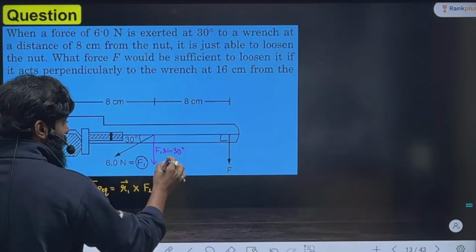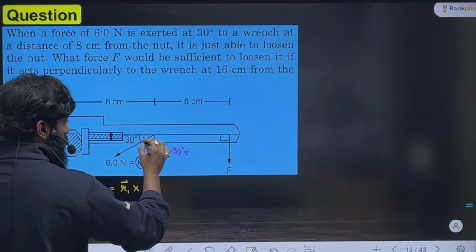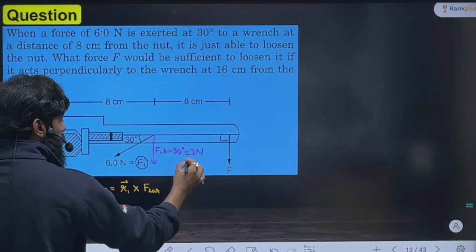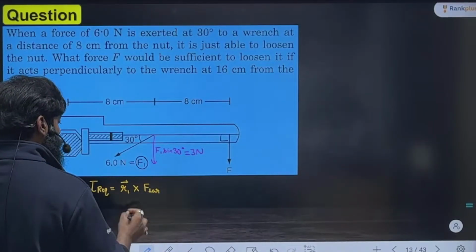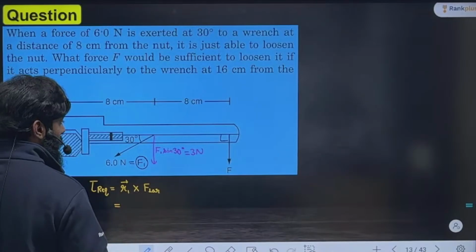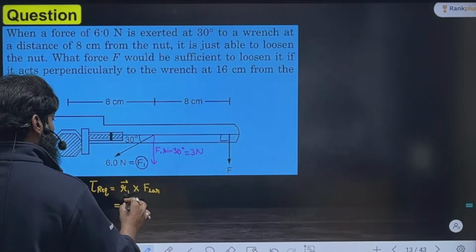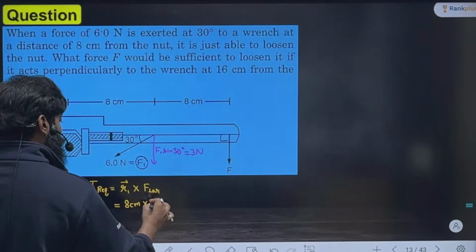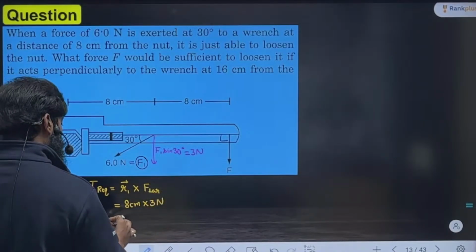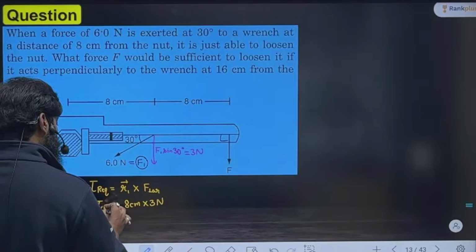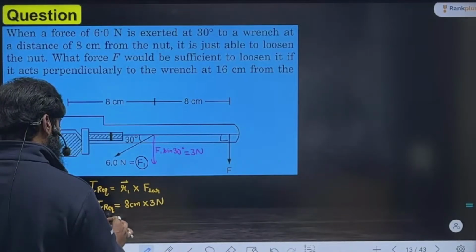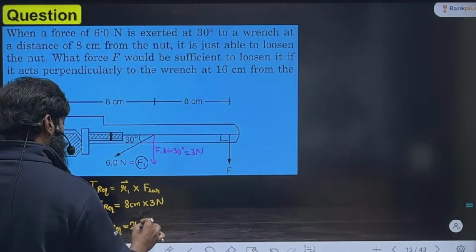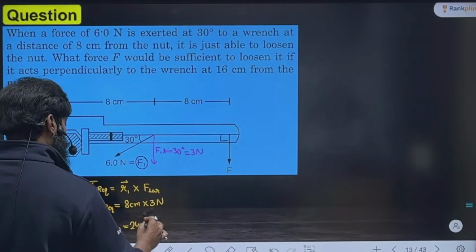F1 is 6, sine 30° is 1 by 2, so that means it's 3 Newton. Right, 8 centimeter into 3 Newton. So torque required is 24 Newton centimeter.